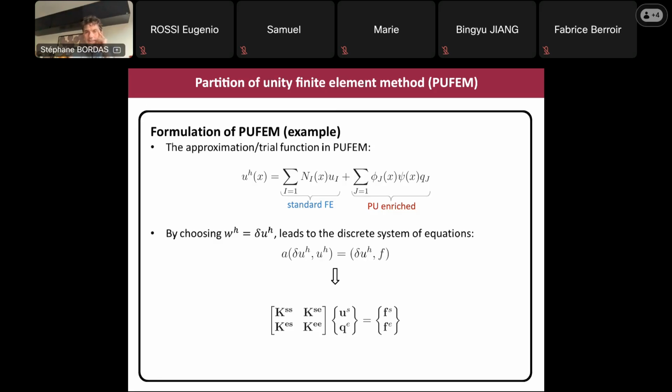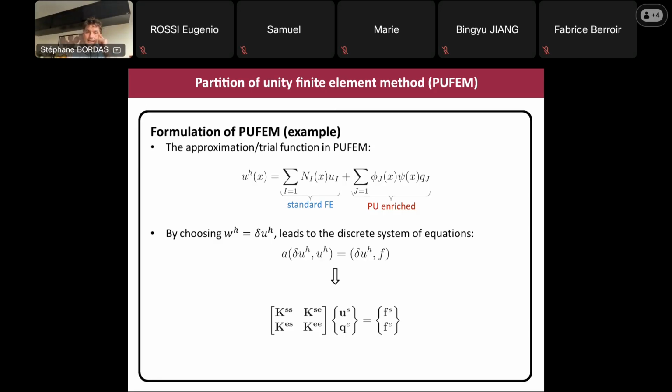So that means you are exactly able to reproduce psi. That means you can find these UIs and QJs, I just found them for you, such that the function psi is exactly equal to u_h at any point x. So you can exactly reproduce it everywhere on the domain where you enrich. So that's an exceptionally cool property.